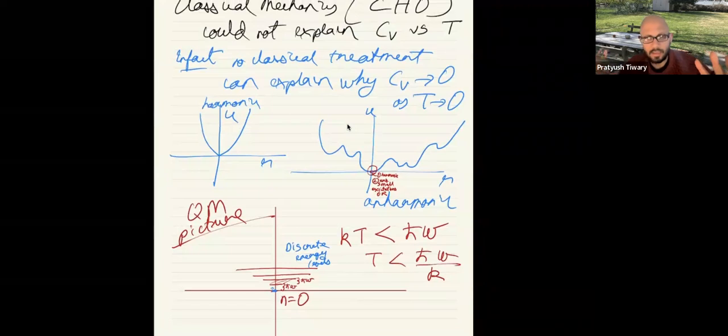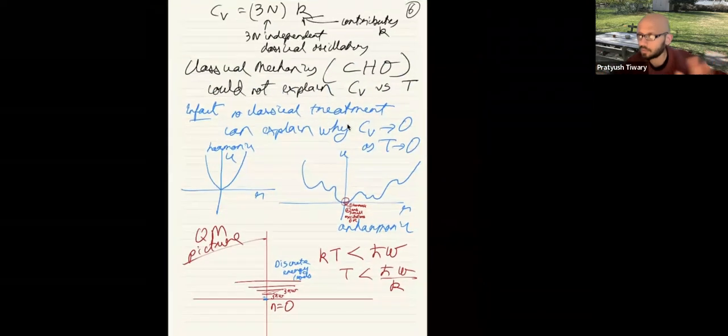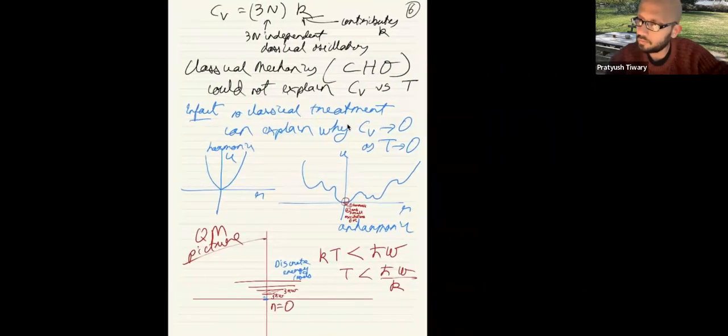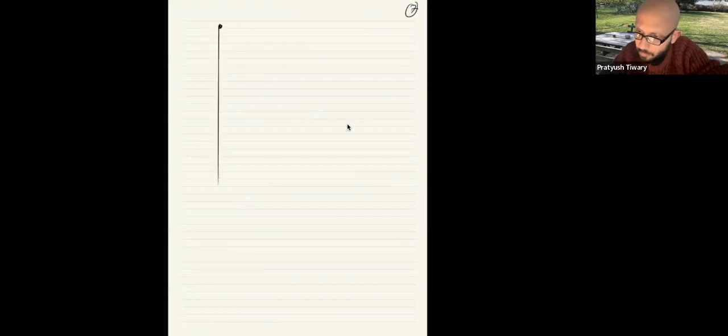So physically, our picture, in a sense, is similar to what we had earlier. So we still have every atom in my system.